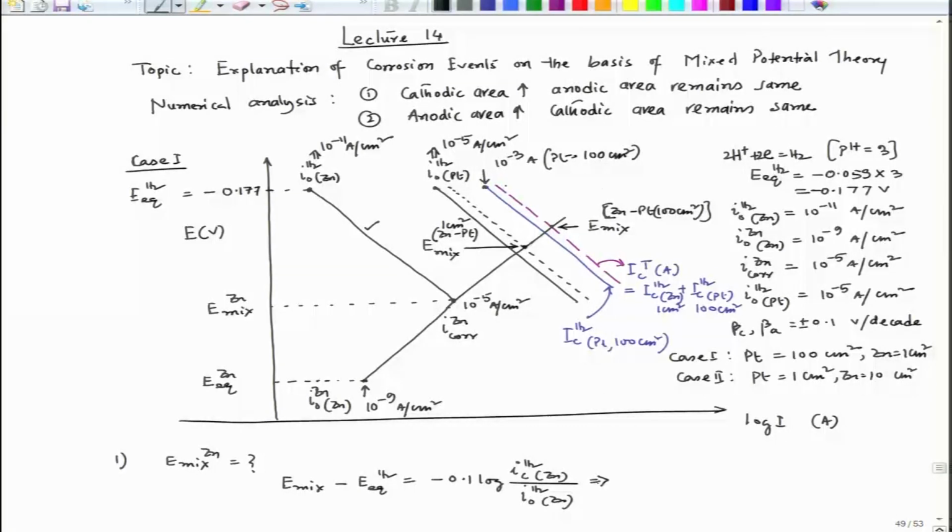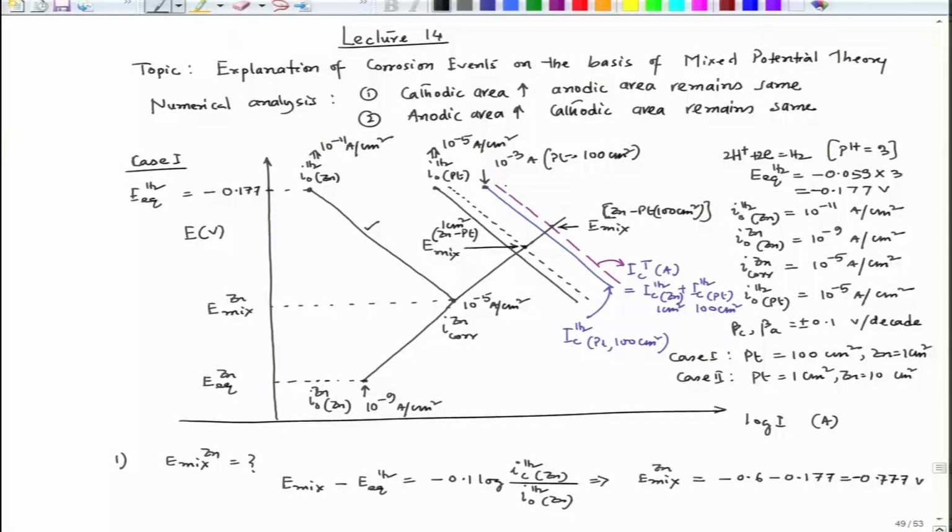Now if we solve it by putting all the values, we will get E mix would be equal to minus 0.6 minus 0.177 equal to minus 0.777. This will be the E mix zinc.